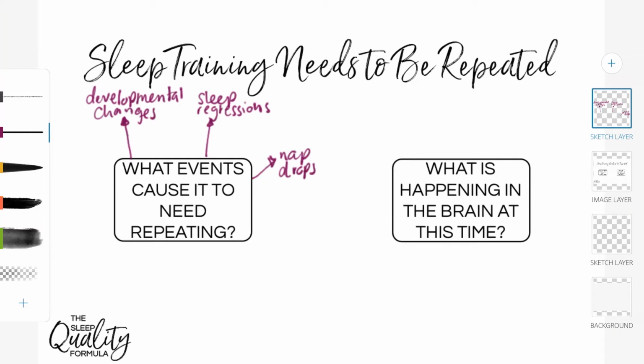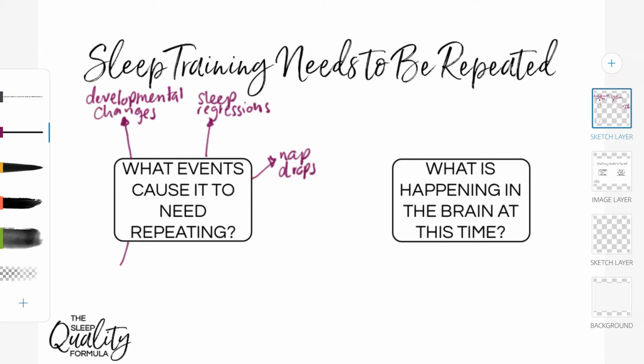And I just want to add a note about nap drops here. I don't think everybody understands what a nap drop is, but a nap drop is actually a neurological change. A nap drop needs to happen for a baby or child or toddler at the time where their brain is actually looking for more input from their environment and needs less time to process it, because the brain obviously gets stronger as they grow, okay?